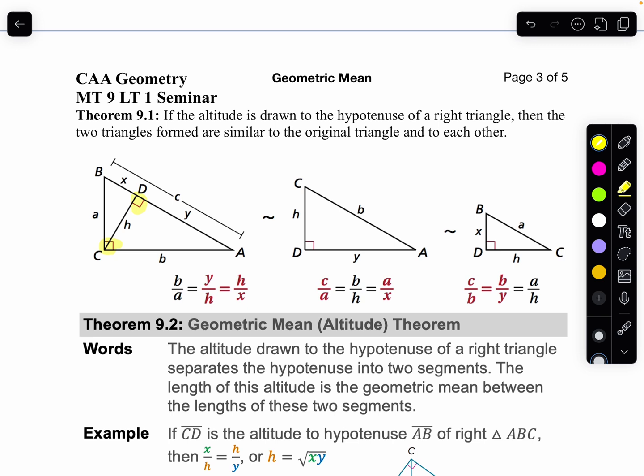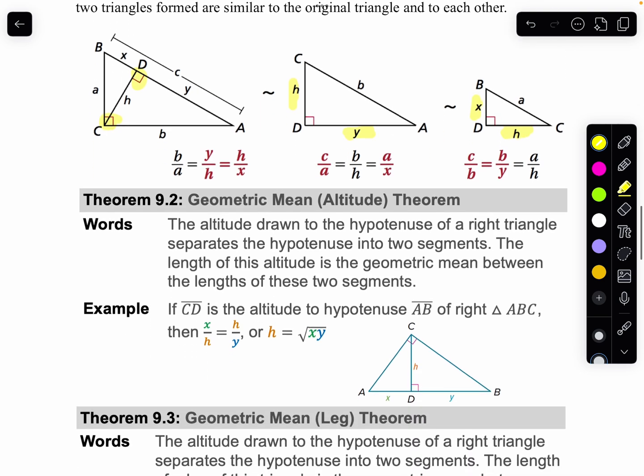Notice if I compare my second and third triangles, Y is to H as H is to X. And that's what our first theorem is here. We can do kind of a shortcut. That is, when I have the altitude of my triangle, that's the geometric mean between the parts of the hypotenuse.